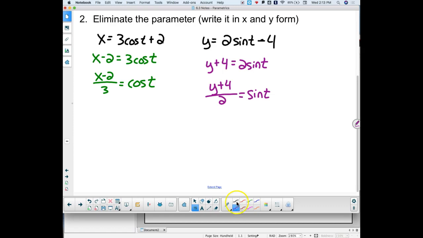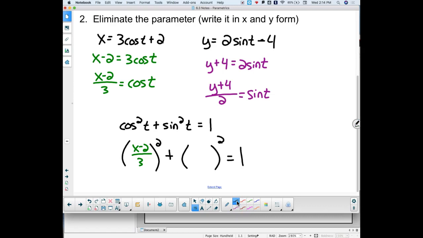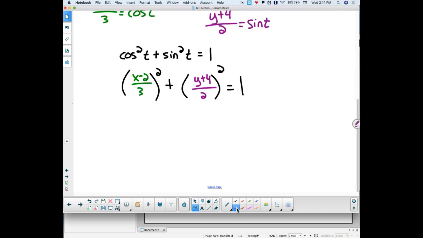That allows me to use the hammer, which gets me, when I square a fraction, I square the top, I square the bottom.